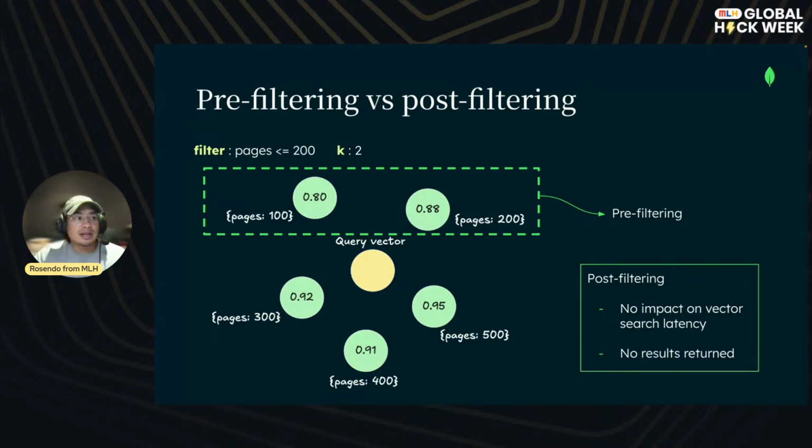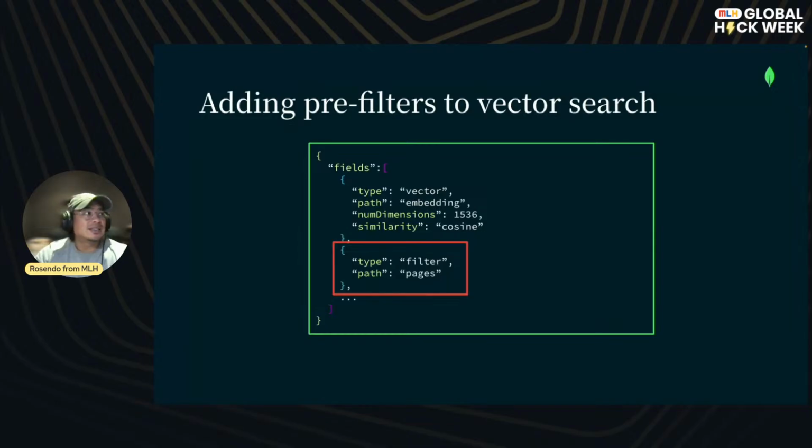So if you post filter, you're still going through the entire search, whereas if you pre-filter, your search is going to stop as soon as you get the actual results that you're looking for. So in other words, pre-filtering is way superior to post-filtering in this case.